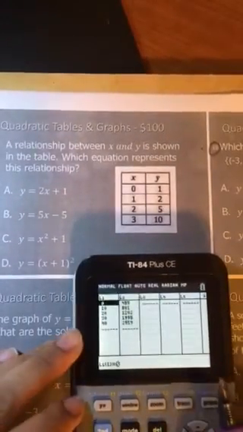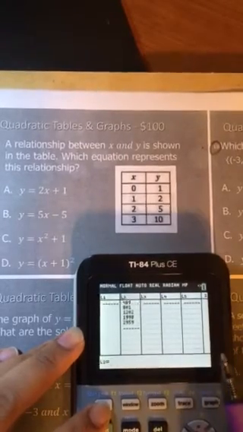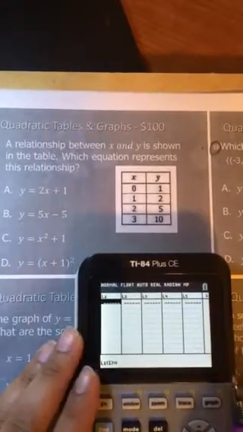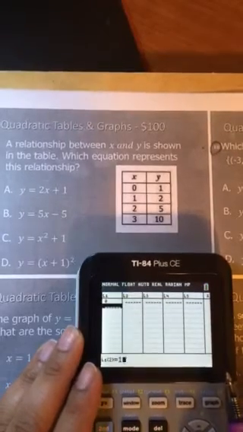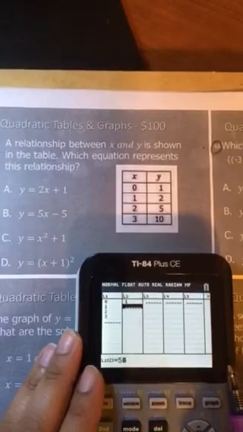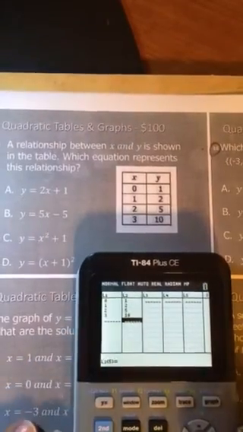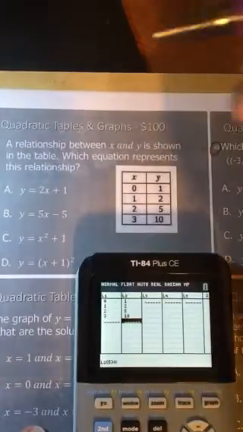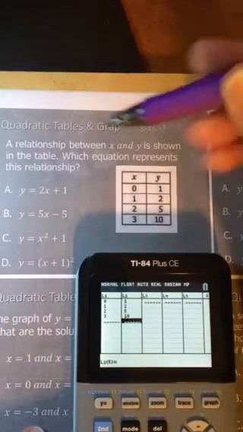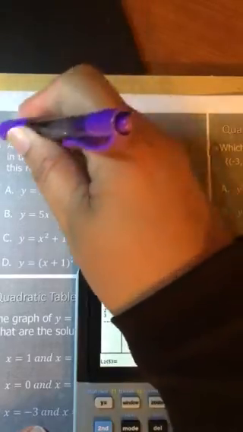I'm going to go to stat, enter. I'm going to type in my x's, and then I'm going to type in my y's. Technically you should know that this is going to be a quadratic because we're talking about quadratics.